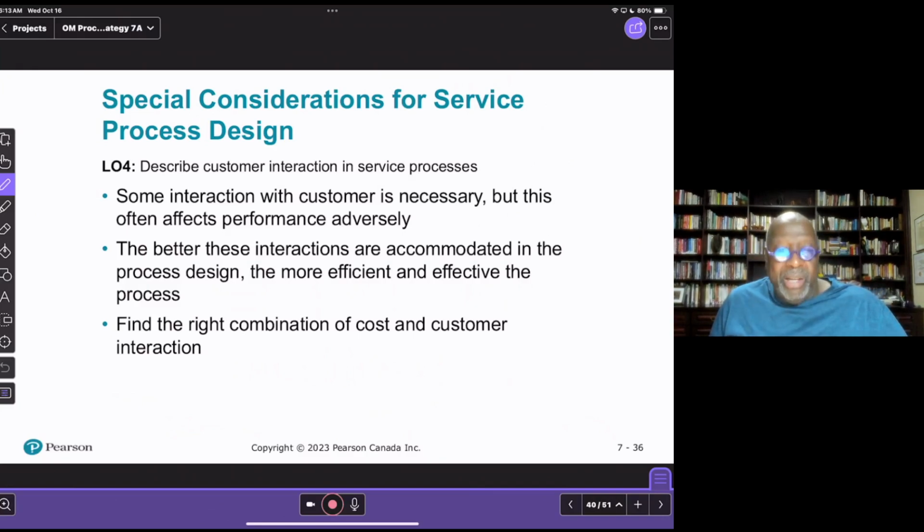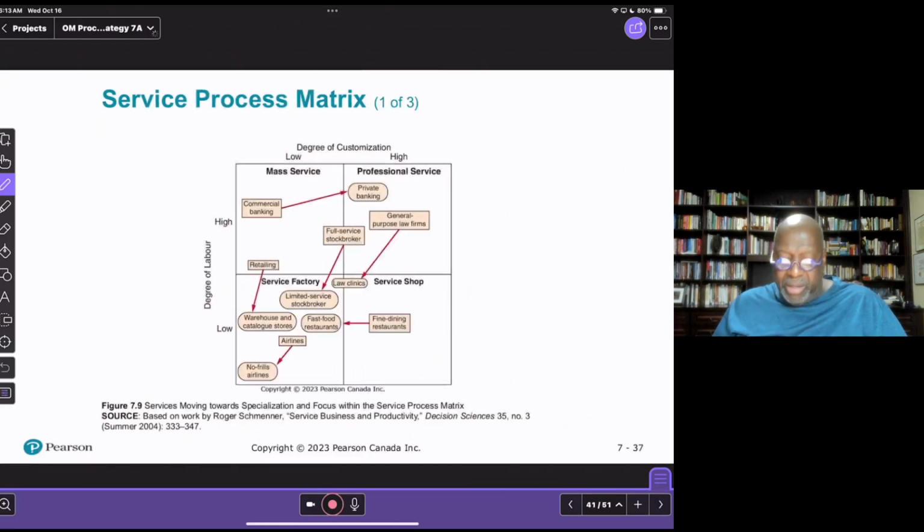It all depends on the kind of customer service representatives that you have and the kind of service design that you're offering. So simply to say that it will be adverse, I don't think it's totally accurate. It all depends, right? The better these interactions are accommodated in the process design, the more efficient the service process will be. Of course, you have to plan for them. And then the right combination of cost and customer interaction is important.